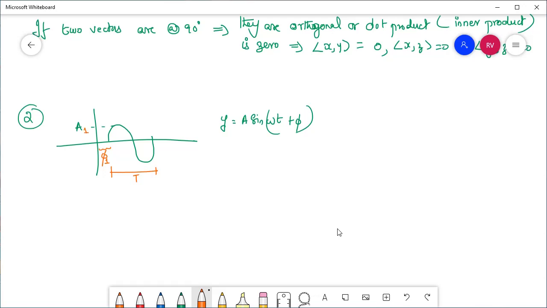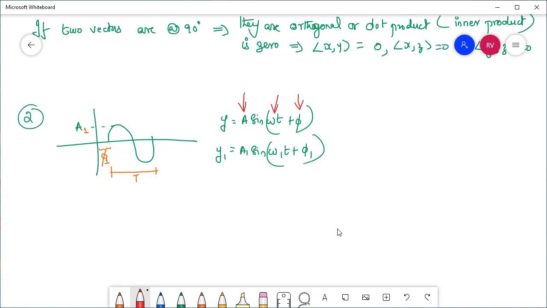My sine wave is actually y1 is equal to A1 sine omega 1 t plus phi 1. That is, a sine wave is represented by three variables: the amplitude A, frequency omega, and phase phi. We can give different values for these three variables and obtain different sine waves.